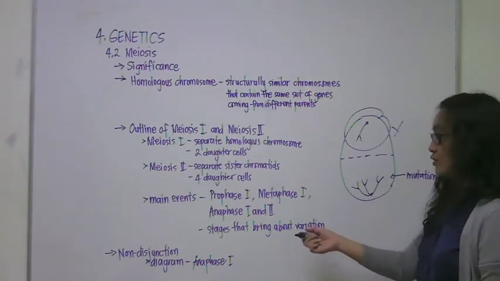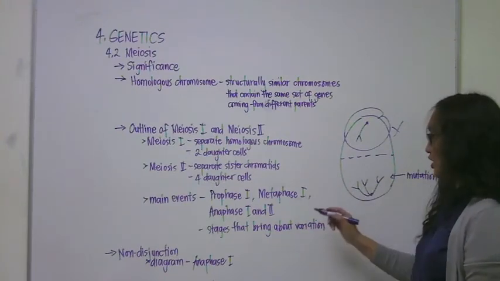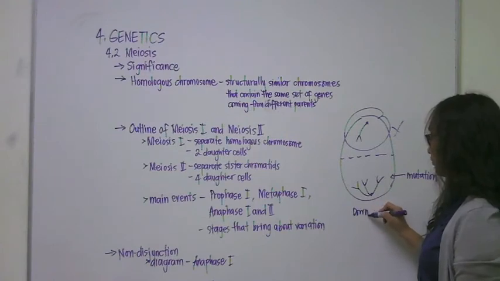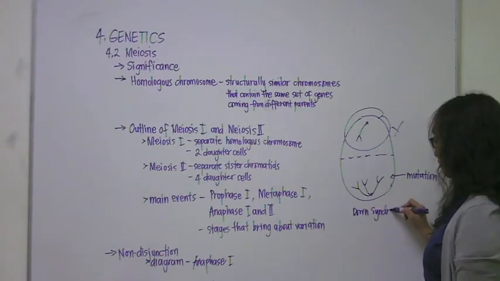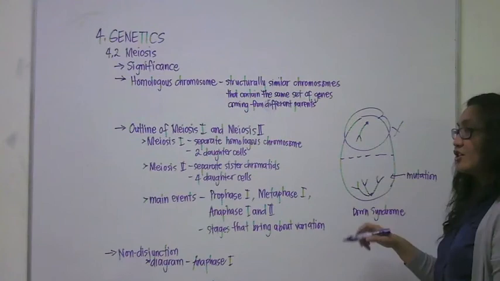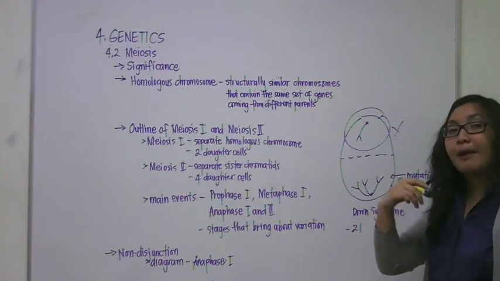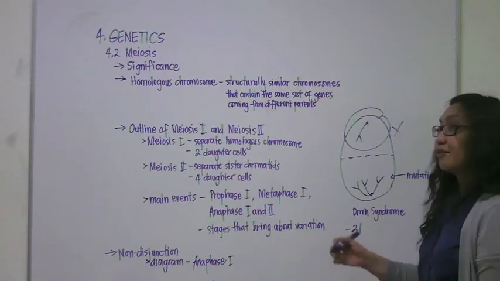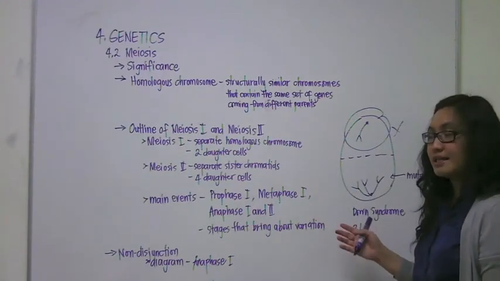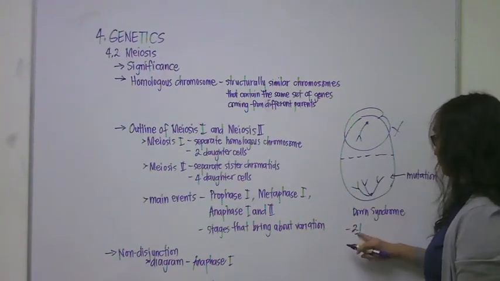So we can show the students that because of non-disjunction, Down syndrome can occur. In Down syndrome, on the 21st chromosome, instead of just a pair, there are 3 chromosomes present.